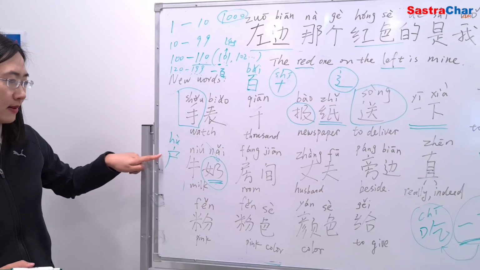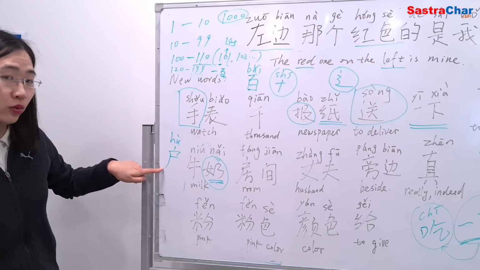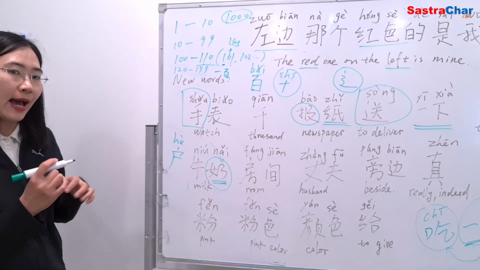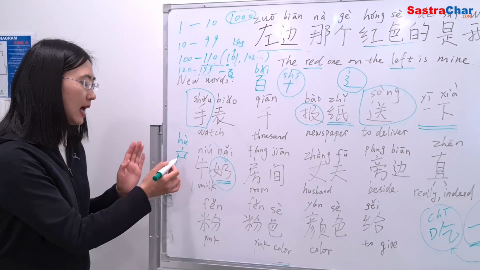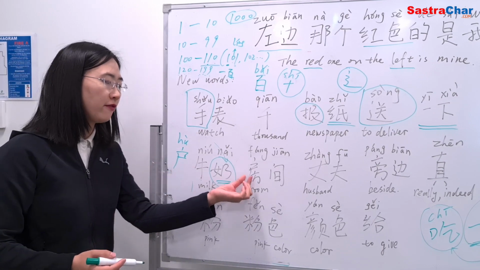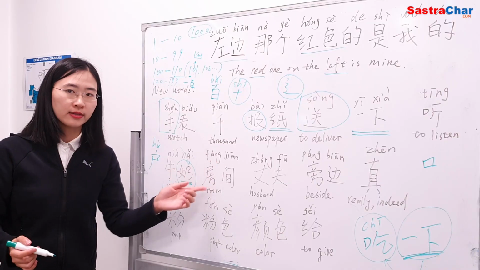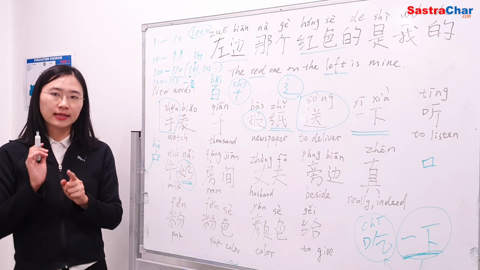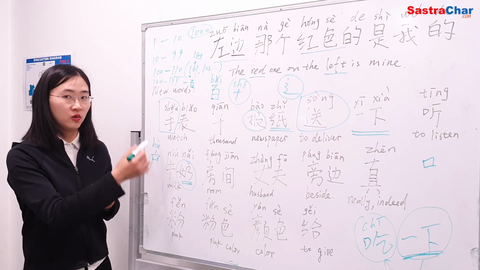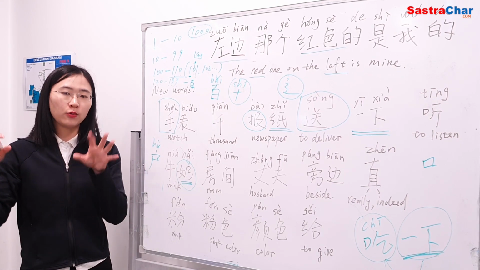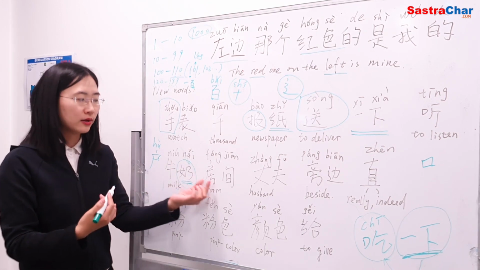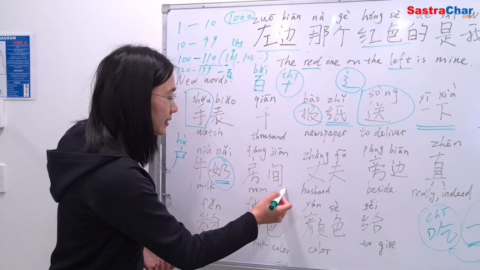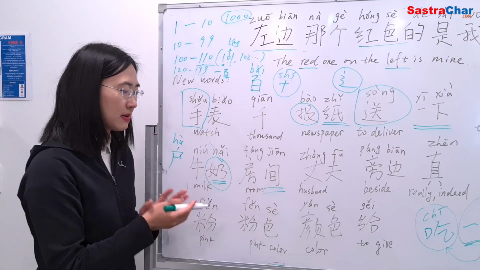It is read as hù. Hù means a household. So actually, in 房间, 房 means the house. A house is considered one household, so a family lives in one house. So household. 间, 房间, altogether it means room.